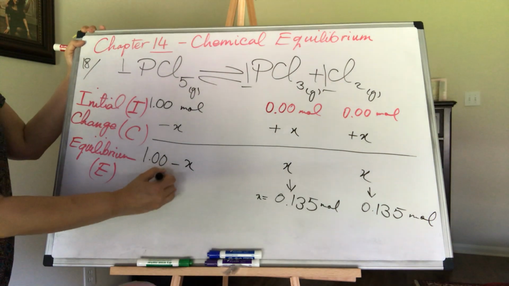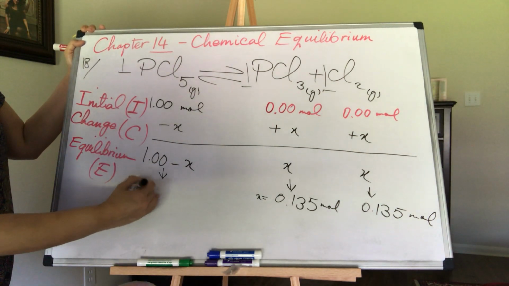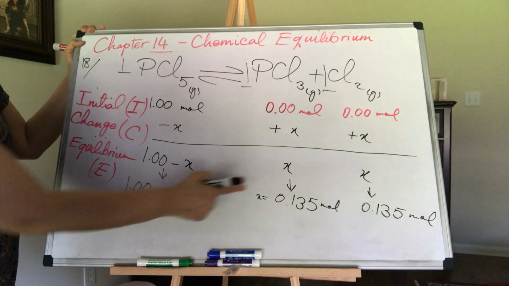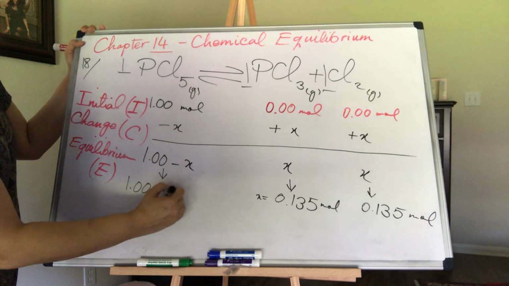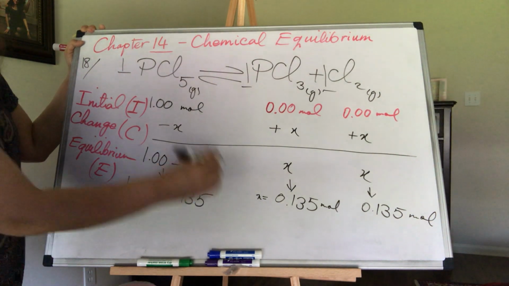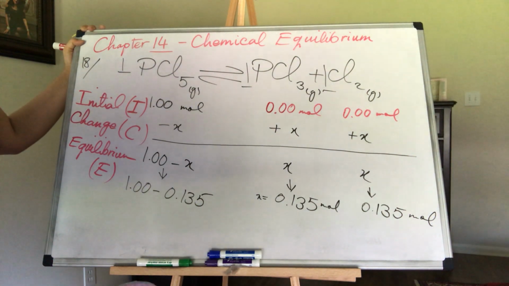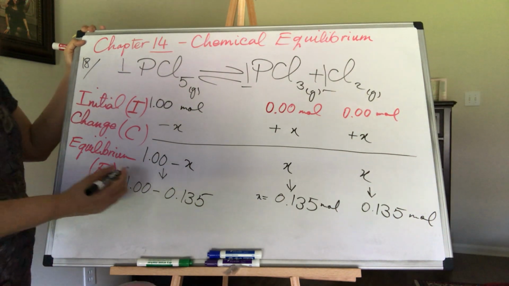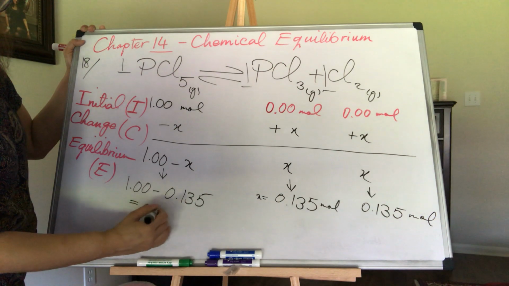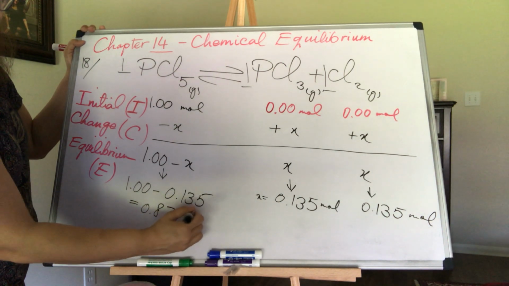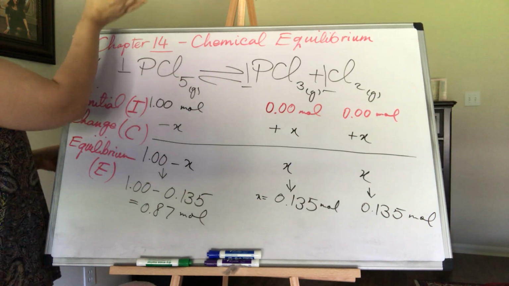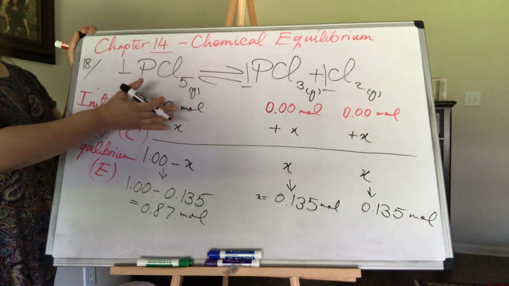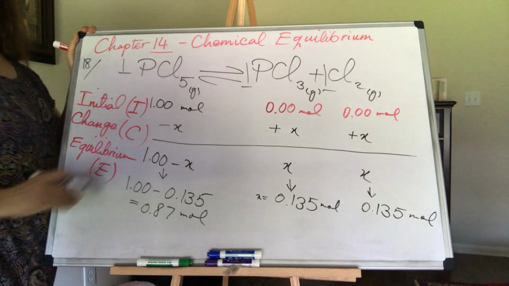And how much has remained? 1 minus the amount of X, 0.135, which is going to be 0.85 moles.